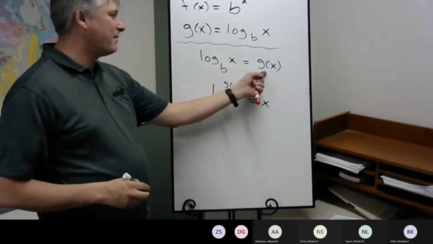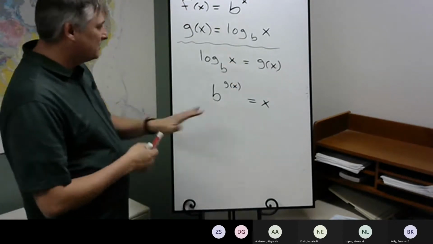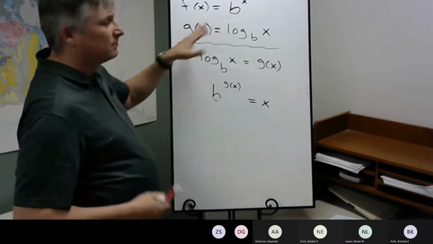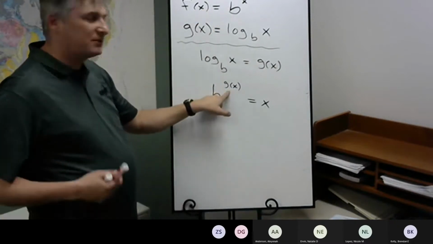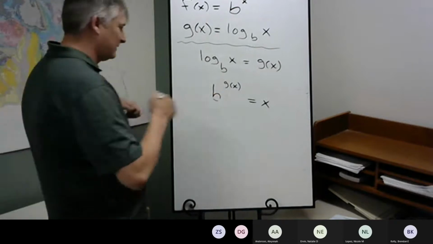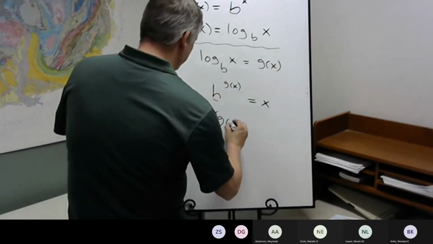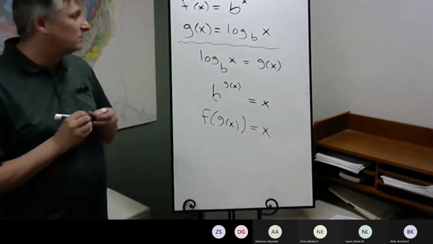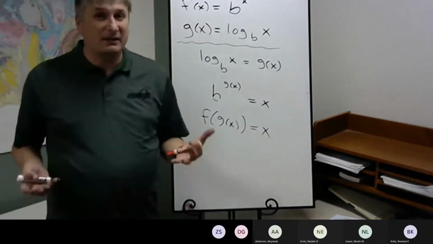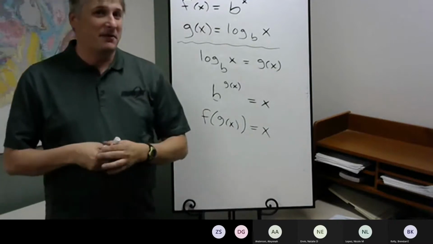Again, b to that power gives you that number. But this looks like f of x. The only difference is instead of having x here, we've got g of x. So this means we have f of g of x equals x. And there we go. You can see that these are, in fact, inverses. Questions about that?